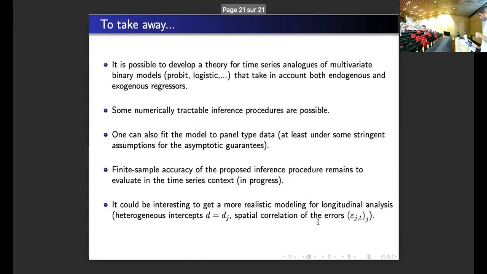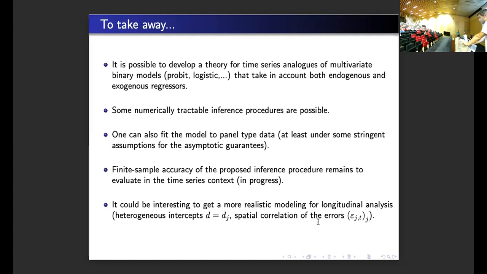Okay. So what we can say about this type of results is that it is possible to develop a theory for a time series analog of the multivariate binary model, and to take into account many interesting situations with both endogenous and exogenous regressors when you study this kind of binary data.